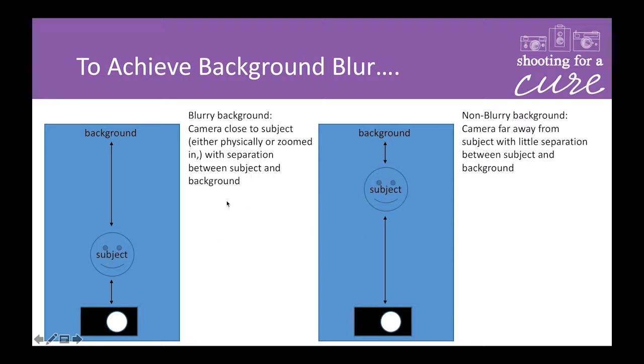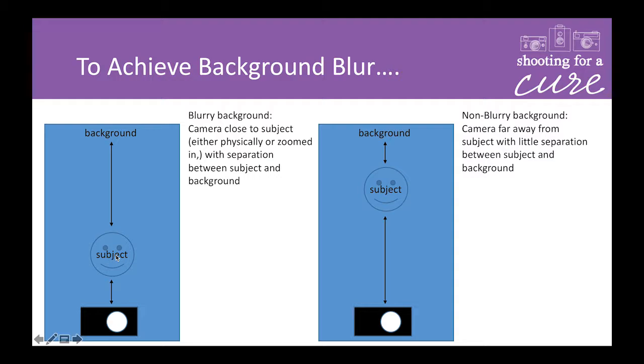Now here, these are two different drawings, and I want to show you how to achieve background blur. It's very important. The first thing is you want your subject to be away from your background. If you put your subject right against the wall or the Christmas tree or the woods, it's not going to blur out, and you're going to be like, but I thought I was at aperture 1.4 and it was supposed to look blurry.